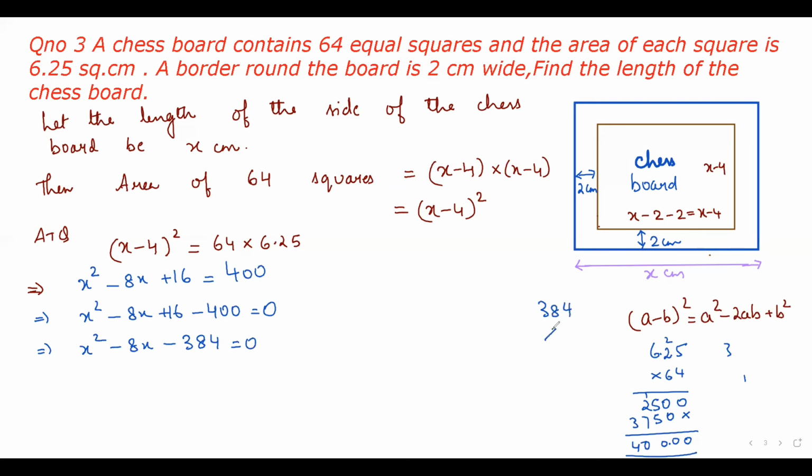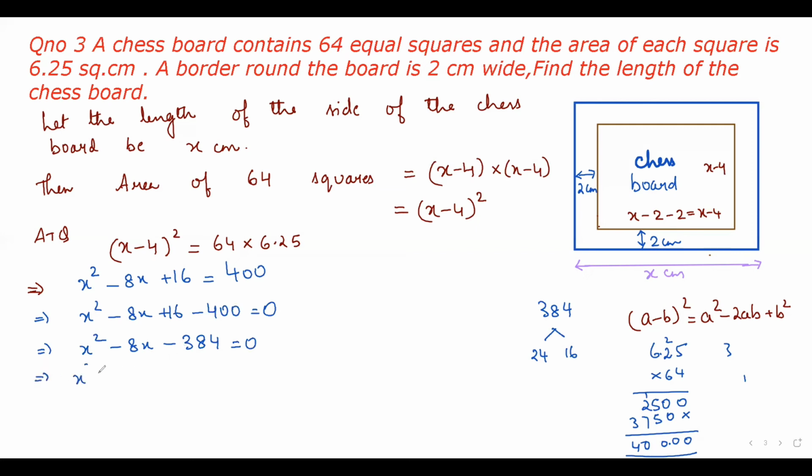384, find out two factors which when multiplied should give you 384 and which when subtracted, since the constant is negative here, so we have to subtract the factors and it should be equal to 8. So by hit and trial method you can check here. So it will be 24 into 16, 384. 24 minus 16 will be 8.